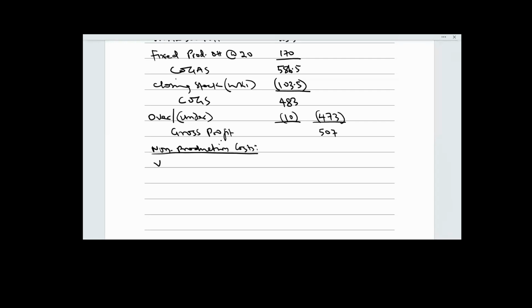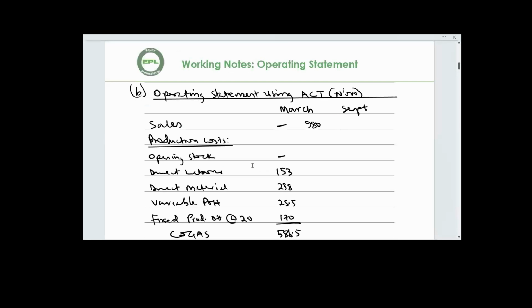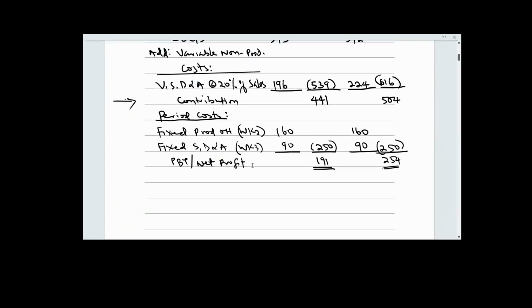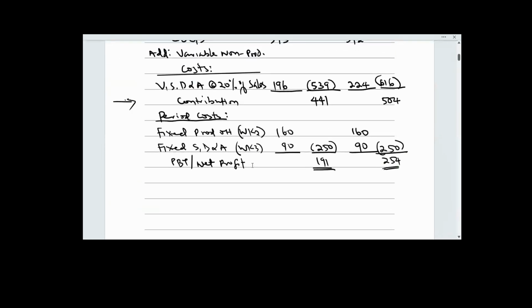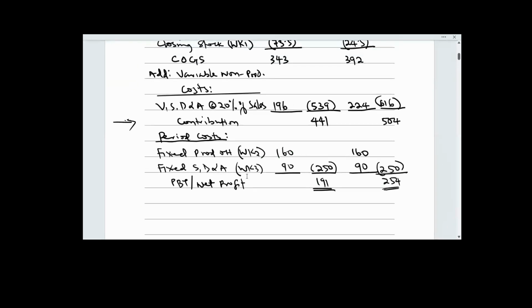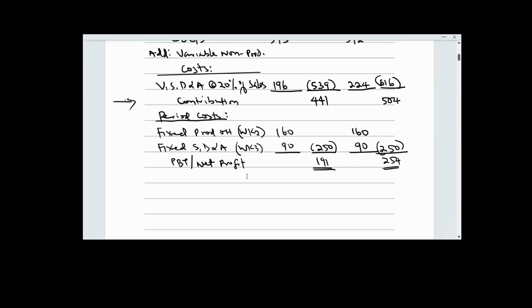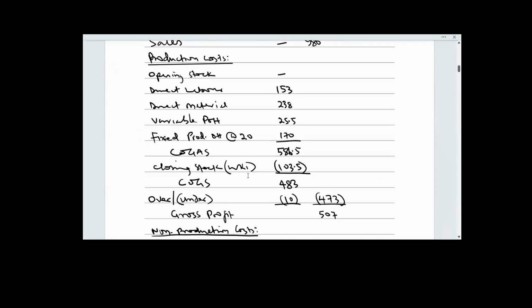In the question, we have variable selling, distribution, and admin cost. So according to the question, variable selling distribution cost that we had under marginal is 196 naira. You remember 20% of sales value of 980, that's 196, isn't it? Yes, sir.